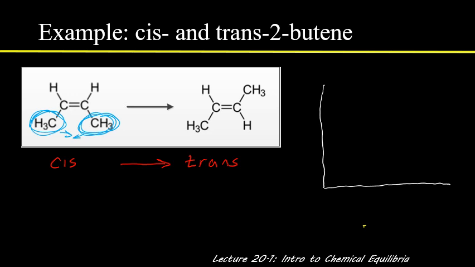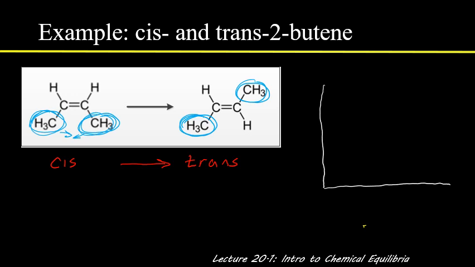They get into each other's space a little bit, and that creates a little bit of stress on the molecule. When the CH3 groups are on opposite sides of that double bond, they don't get into each other's space. There's a lot less stress, and the molecule is a little bit more stable. So that means that the cis molecule is less stable and the trans molecule is more stable.